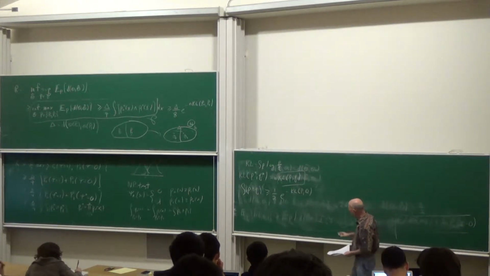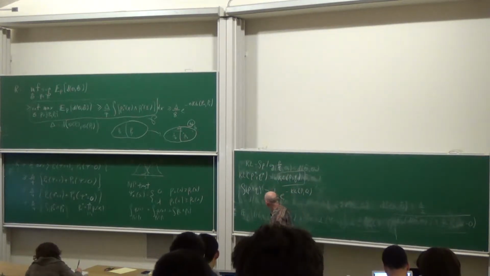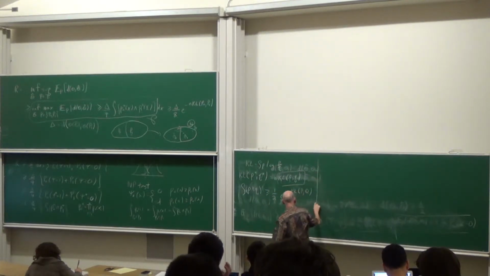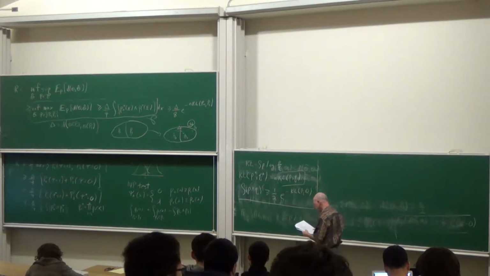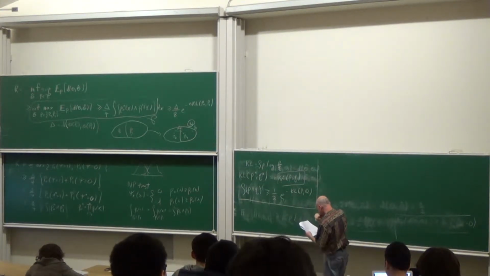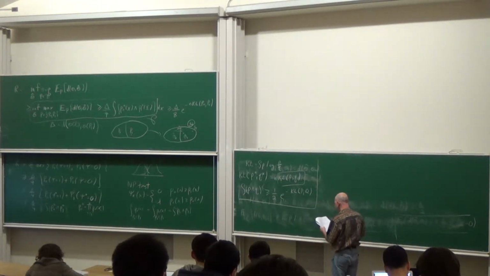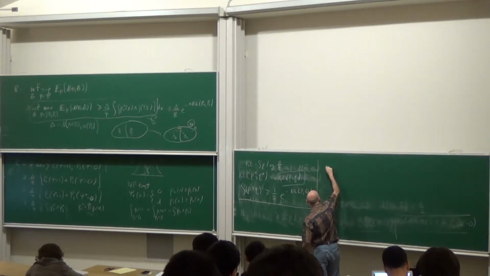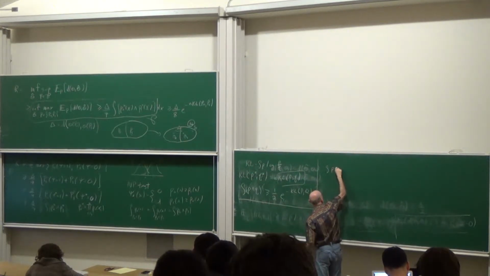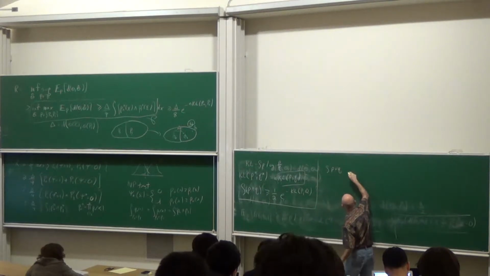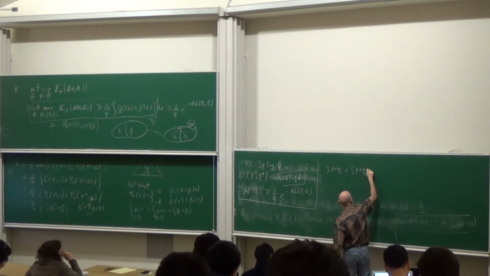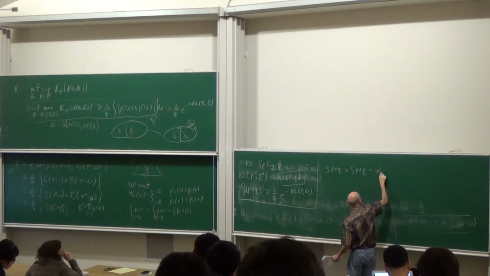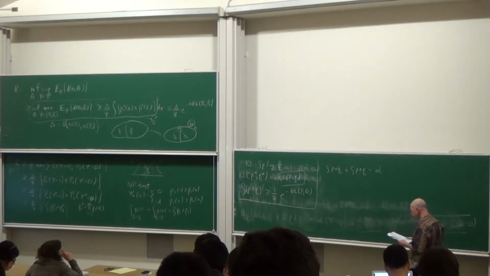This proof is a little bit non-obvious. It's kind of a slick proof, so it's a good one to do. It works like this. First of all, the first thing to notice is I claim that the integral of the maximum of P and Q, plus the integral of the minimum, is exactly equal to the integral of P plus Q, which is 2.